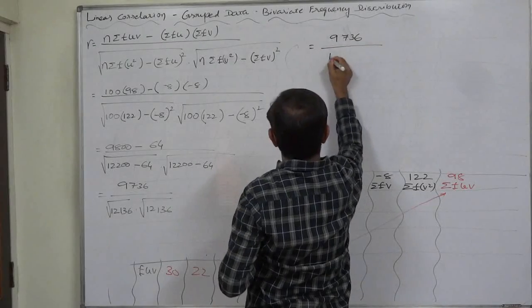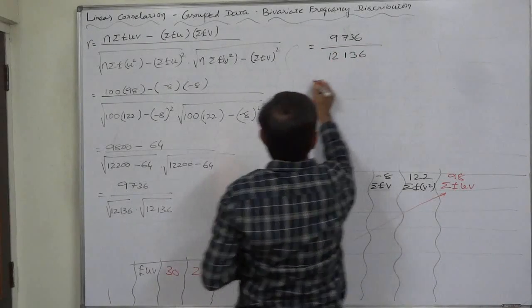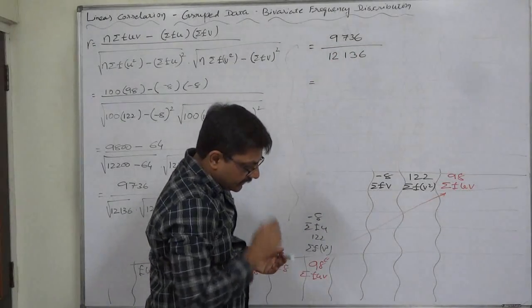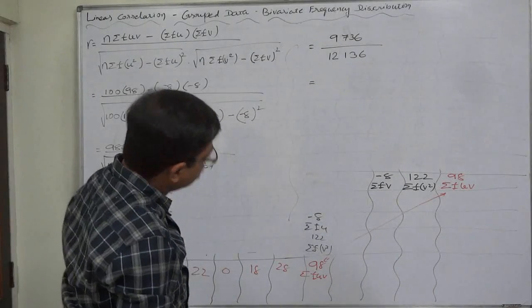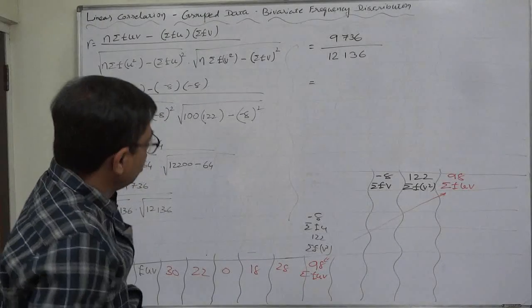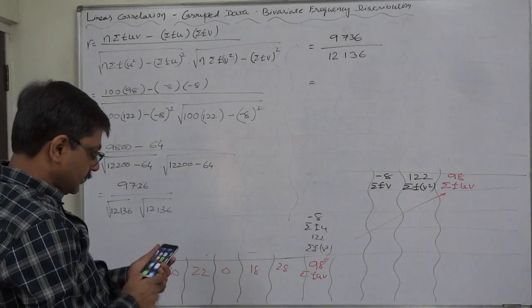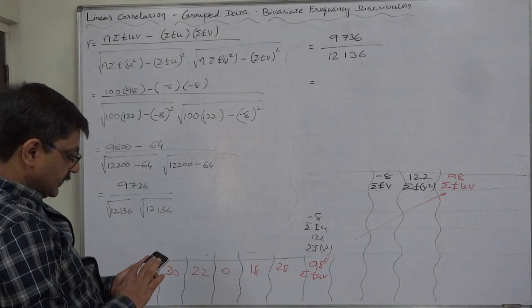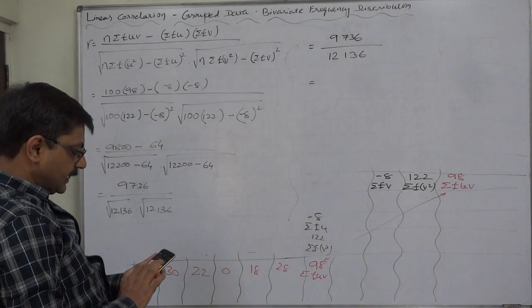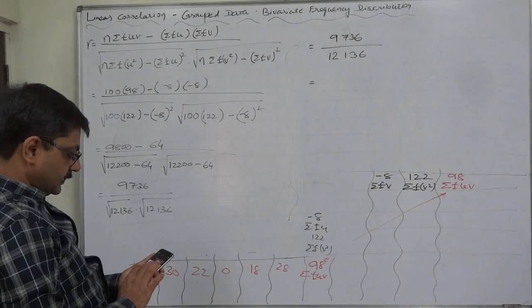9,736 divided by 12,136, and that is, let us use a calculator. 9,736 divided by 12,136.